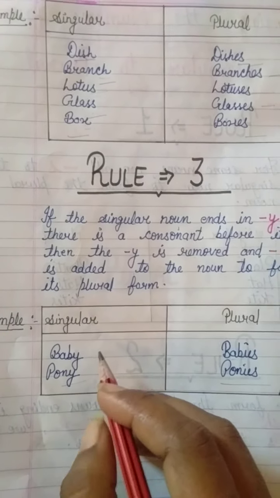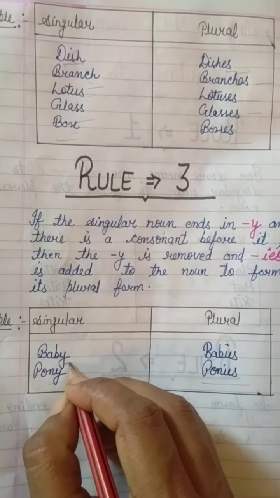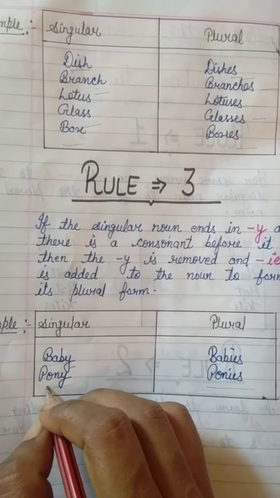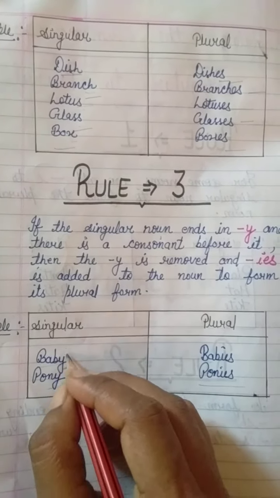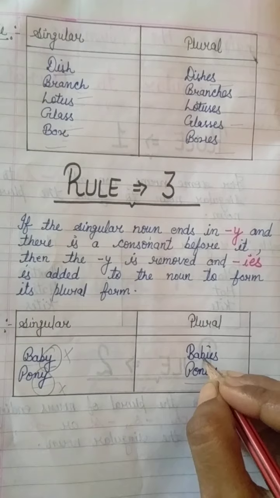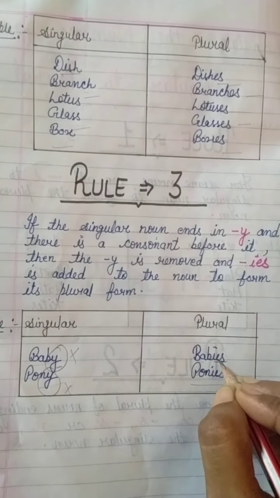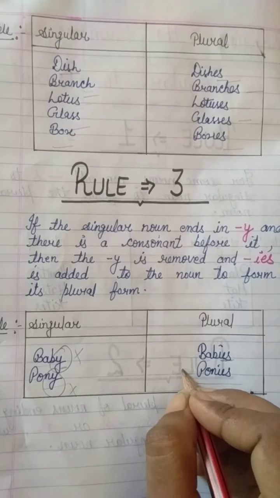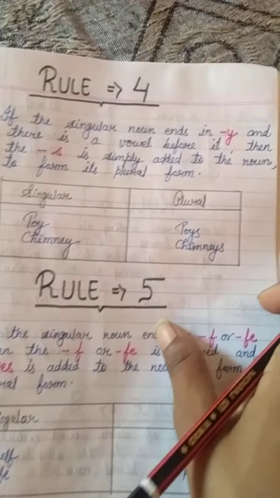Students, you can see the y at the end of the noun baby and the y at the end of the noun pony. So y is removed and ies is added to the noun to form the plural form of the singular noun.